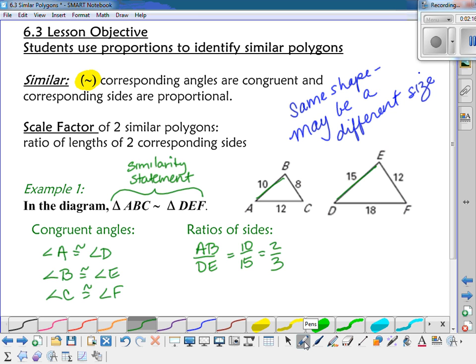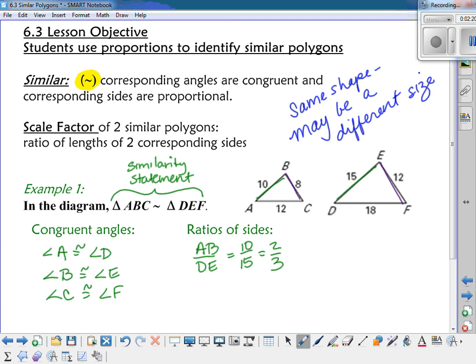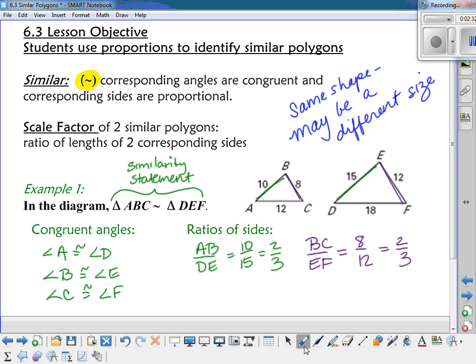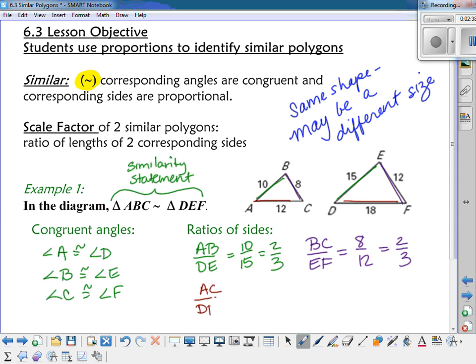And if I look at BC over EF, those are corresponding sides. So 8 over 12, that also reduces to 2/3. And then finally I would look at AC and DF. So AC over DF would be 12 over 18, and that also reduces to 2/3.